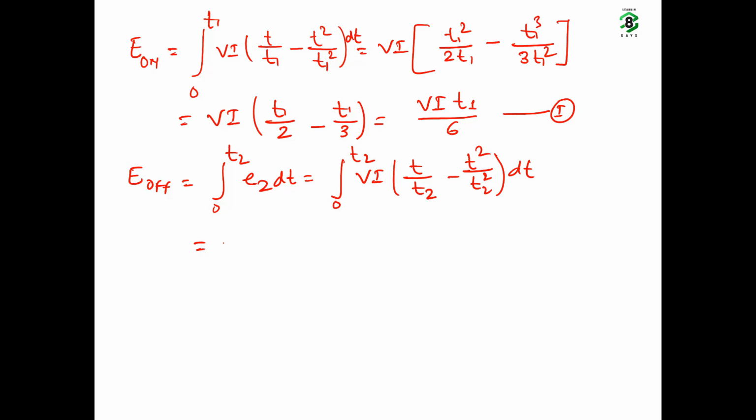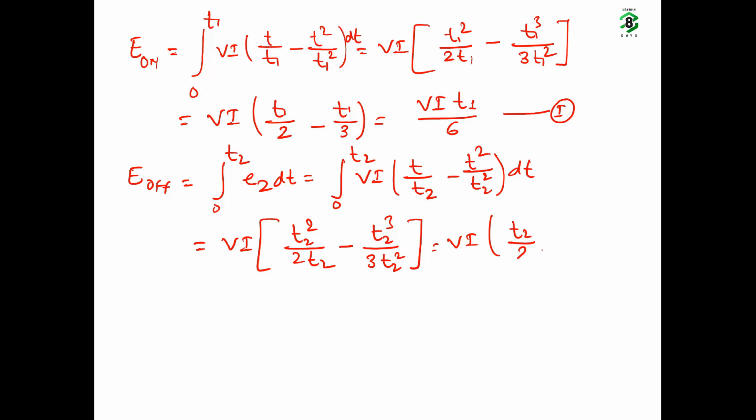After integration we will get T2 square by 2T2 minus T2 cube by 3 T2 square. Vi times T2 by 2 minus T2 by 3, its value will be Vi T2 by 6. This is expression number 2.